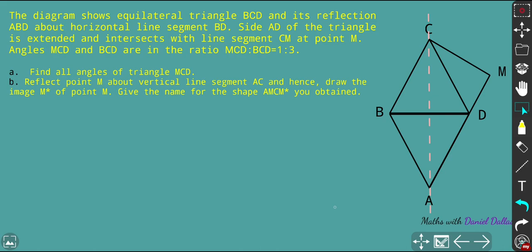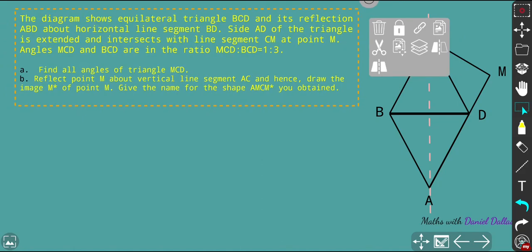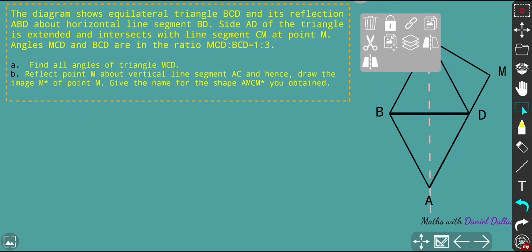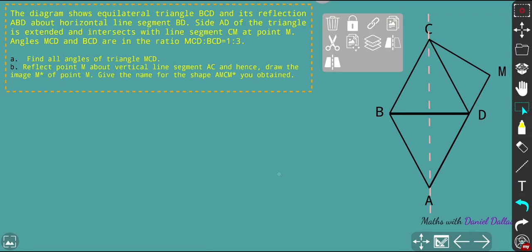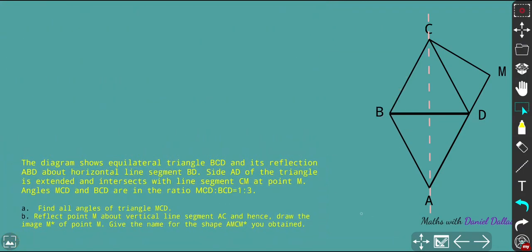What we'll have is the image. The image of point M becomes point M star. I squeezed enough, let's put it down here. So how to build up the image? The distance from point M to the line segment AC, basically to the mirror, is going to be the same as the distance from point M star to that segment.